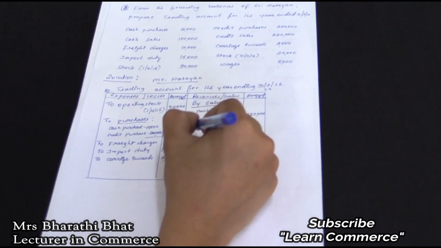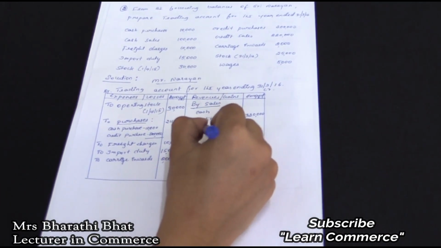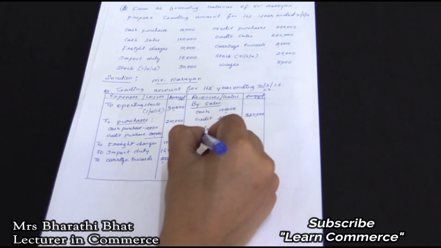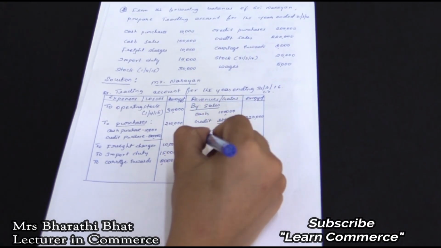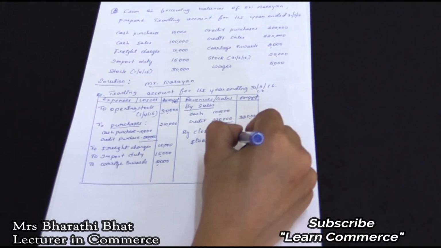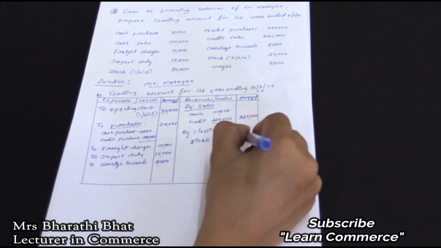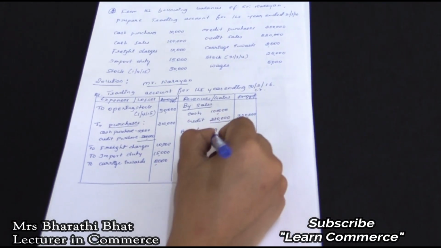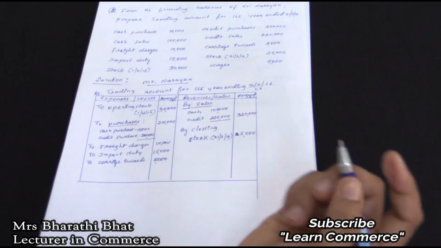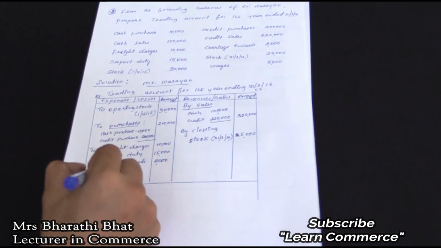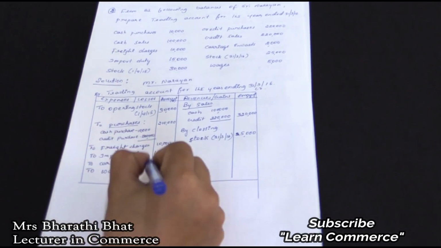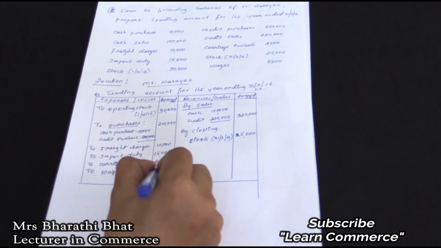Then closing stock, here you have to write by closing stock, by closing stock 25,000, in bracket mention the date 31st March 16. One more item has remained to record, that is to wages 5,000.